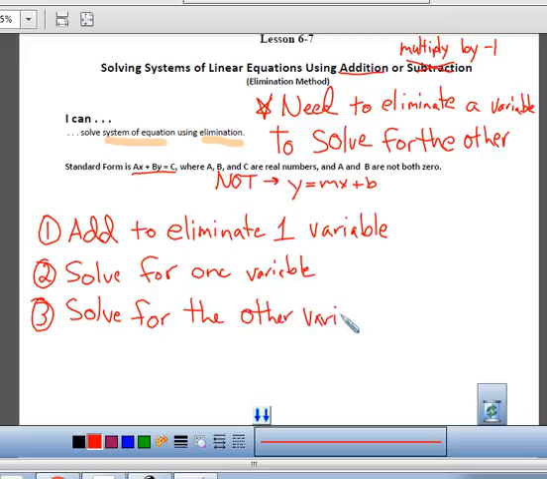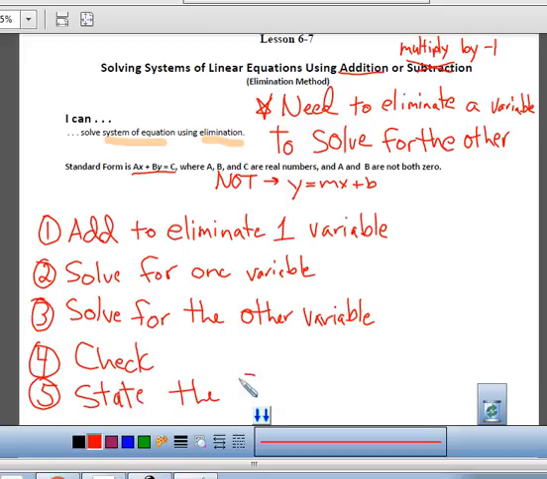Alright, so if in step 1 we found what x equals, then in step 2 we have to find what y equals, and then switch that around if that's the other order. Step 4, which is very typical, we're going to do a check. And then step 5, also typical, state the solution. Always state what the solution is so that we know what your final answer is.